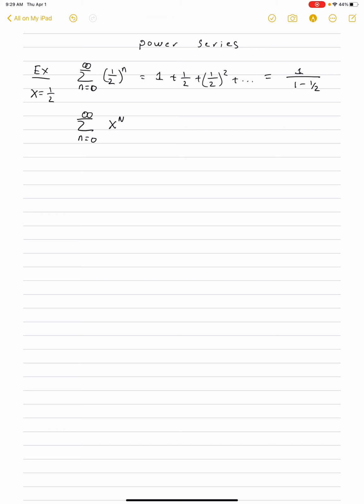So instead of this converging to a number, this thing is going to be 1 plus x plus x squared plus so on. This converges to a function.